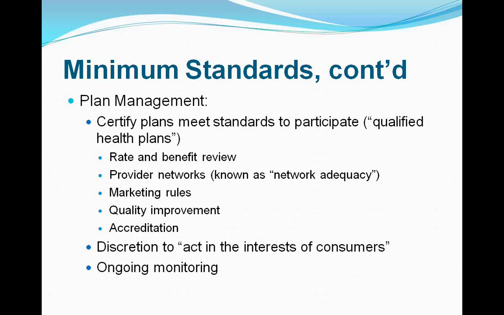Might be an example. They have to meet certain quality improvement requirements, and then they have to be accredited, which is actually different from most of the insurance that's offered in states now. The states generally don't require that they be accredited by something like the National Commission on Quality Assurance.